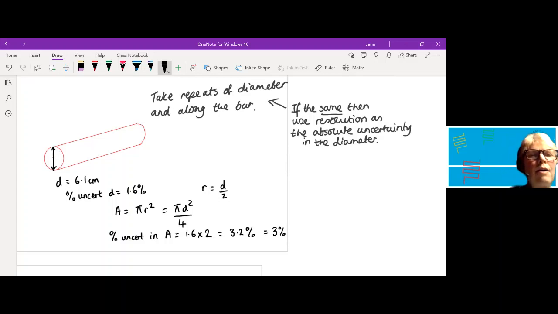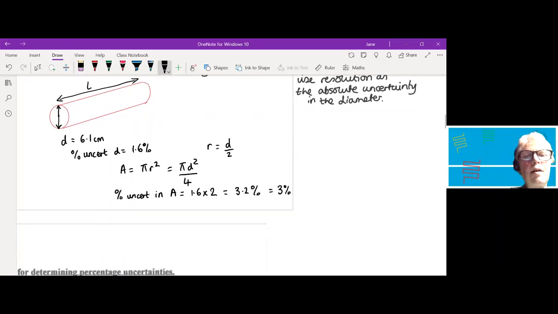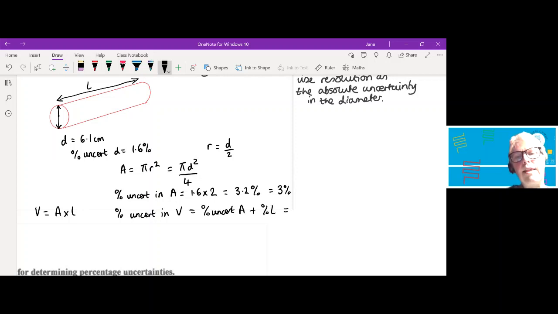And if I add a length to that so that I want to work out my volume, then given that the volume equals the area times the length, the percentage uncertainty in the volume is given by the percentage uncertainty in the area plus the percentage uncertainty in the length.